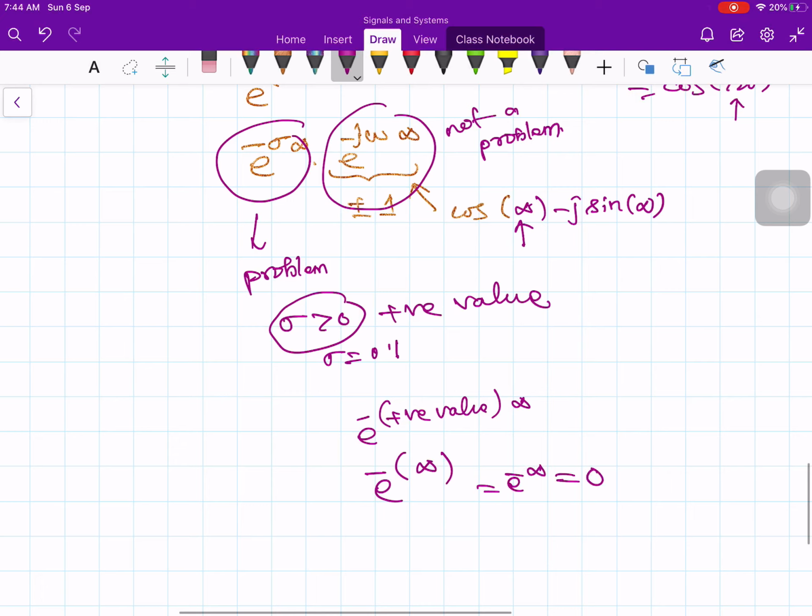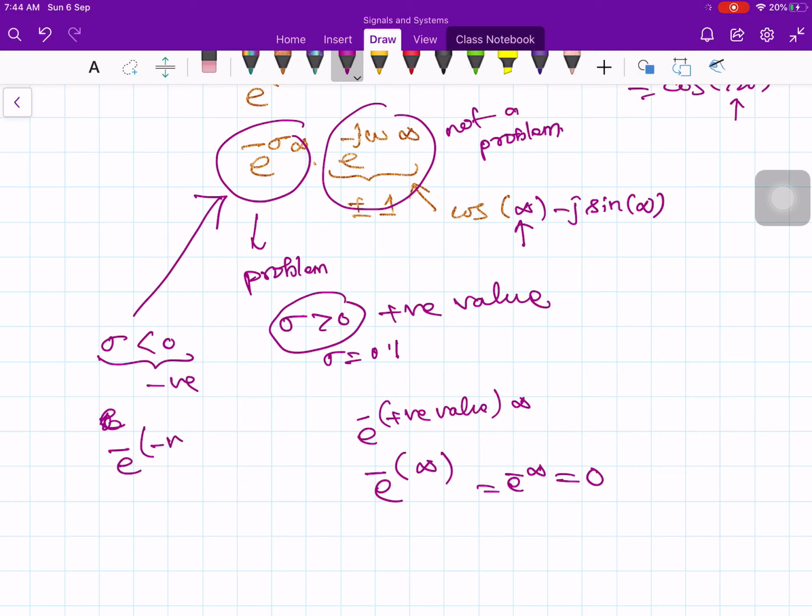But in case sigma is less than 0, then what will happen? That means it is negative. Therefore e to the minus of negative times infinity, negative times negative is positive, so e to the positive value times infinity, so plus infinity.